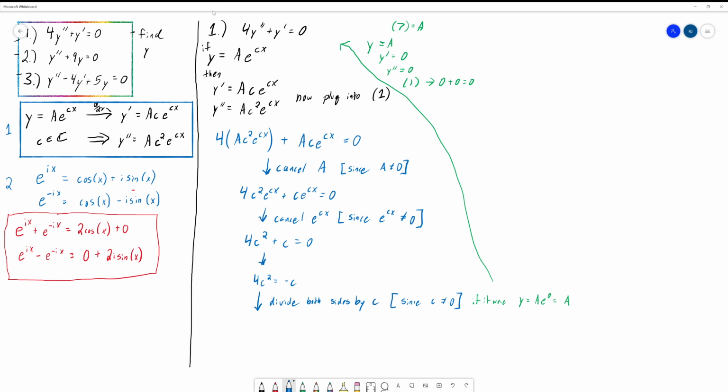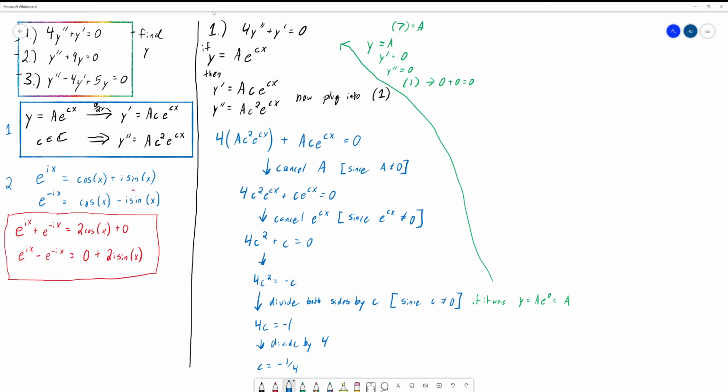So we're going to continue on past this and say, okay, now we're going to cancel c on both sides, so we're going to be left with 4c equals minus 1, and then divide both sides by 4, and we get c equals minus a quarter.